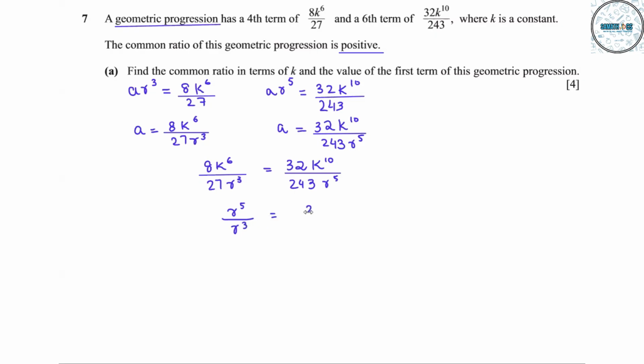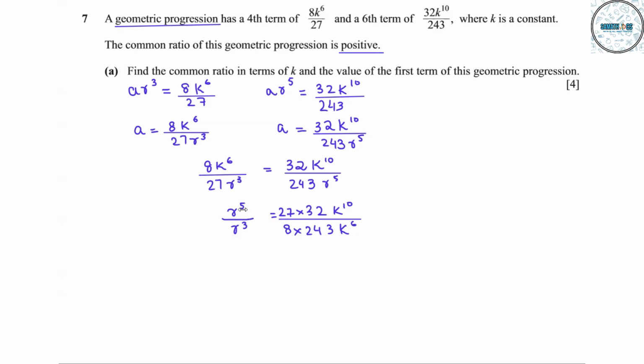32k power 10 is to be multiplied by 27 and divided by 8 multiplied by 243 and k power 6. We will take this 8k power 6 to this side, in the denominator.